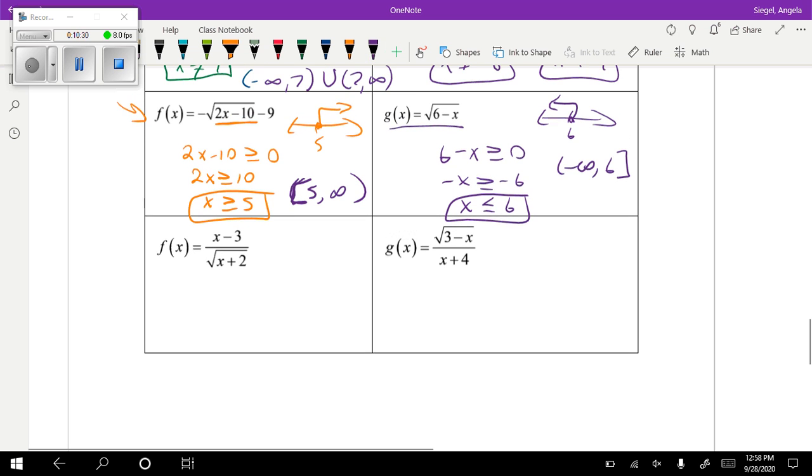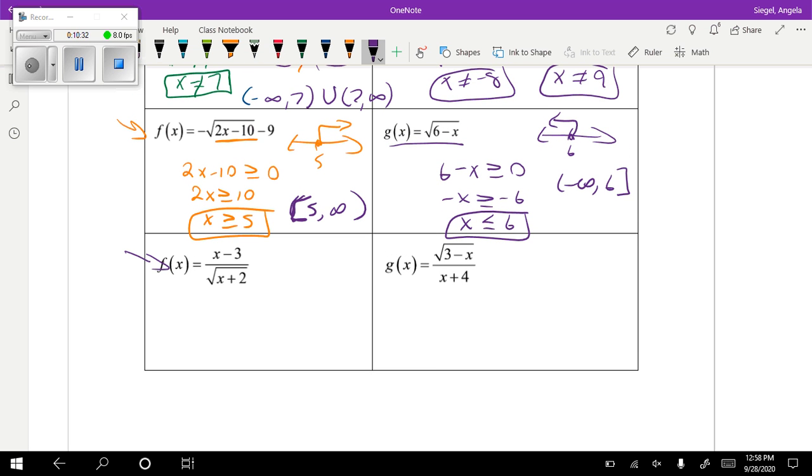Okay, so this one has both things. So x can't be negative, and it can't be equal to 0. I'm going to say no negatives. So this whole thing, this kind of poses a problem. So I encourage you to start off with the square root, because that's what it is.